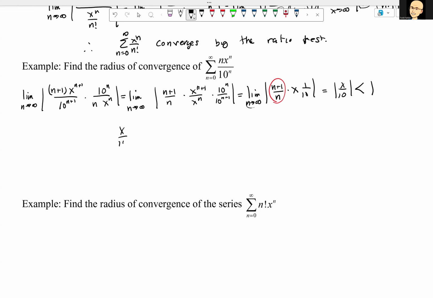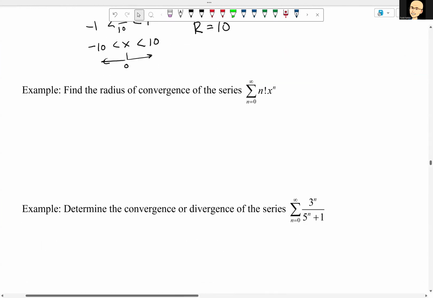When is the absolute value of x over 10 less than 1? Well, it's when x over 10 is between -1 and 1. Multiplying each section by 10, I find that if I go from the center up and down, the center being 0, I've got a radius of convergence of 10.